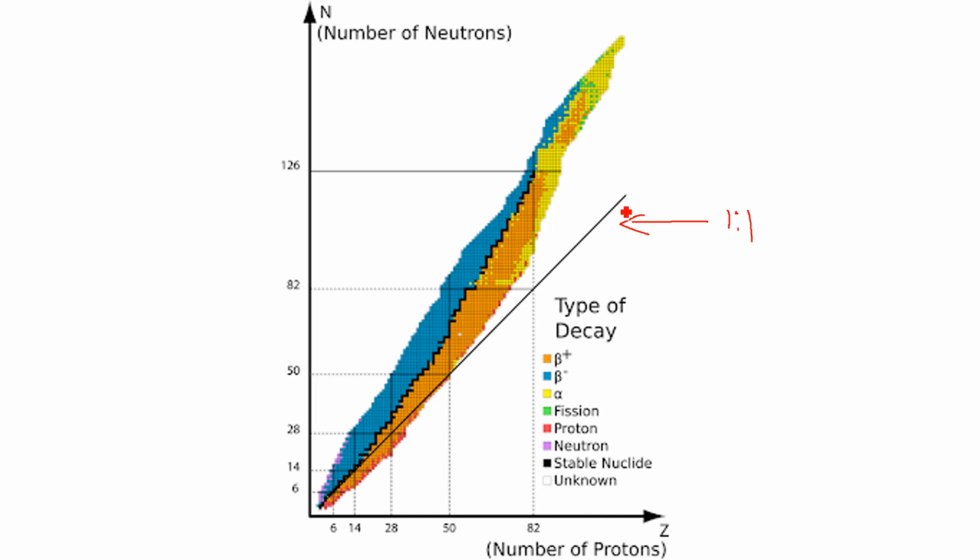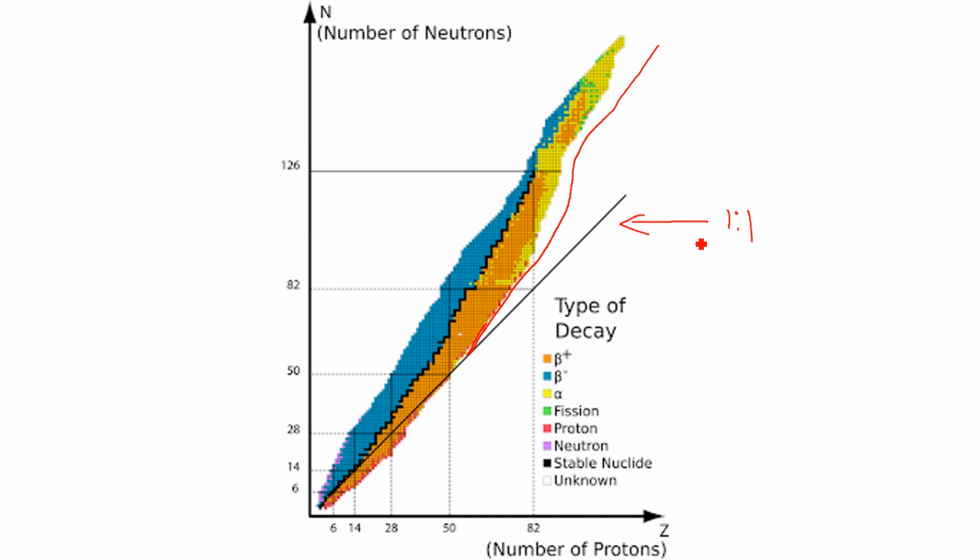But, kung mapapansin natin, yung mga atoms natin habang tumataas, ay lumalayo. Lumalayo siya dito sa stability band. Nag-start siya dito, and then lumalayo na siya ng todo, especially kapag tumaas na yung atomic number ng 82.